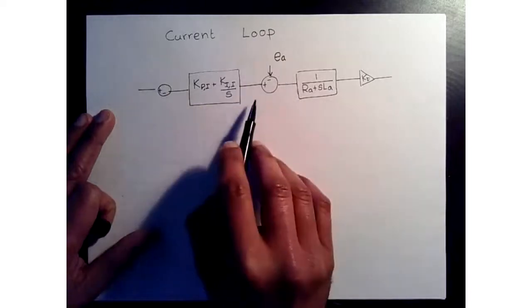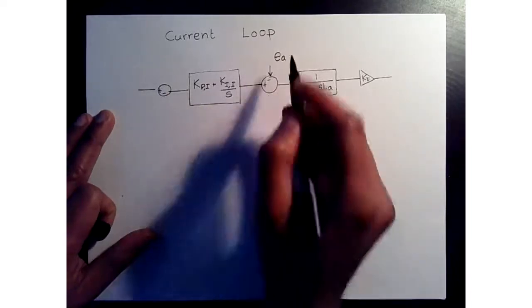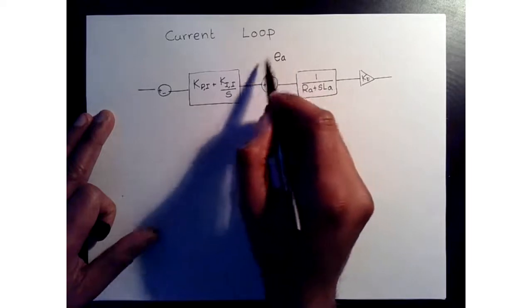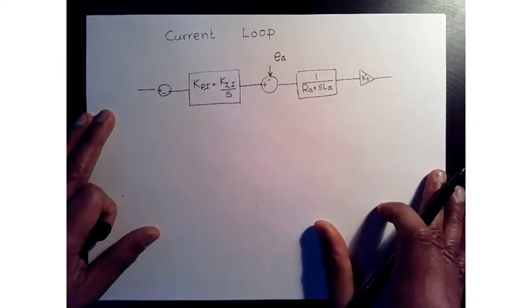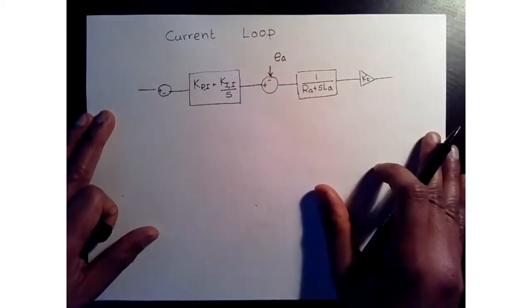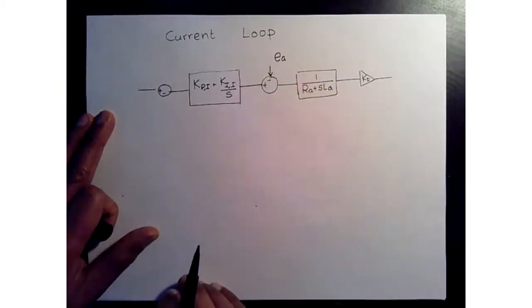Now, before we do that, we have a little bit of a roadblock. We have our back EMF interfering and we don't know how to handle it just yet, right? So what we'll do is treat back EMF as a disturbance.